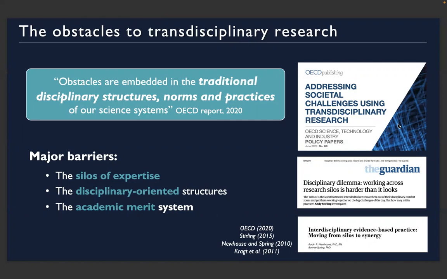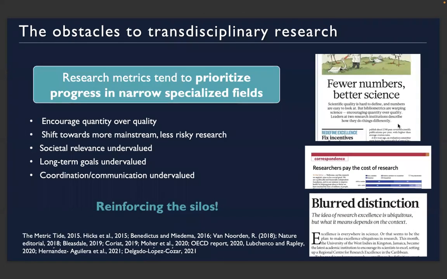And why? Well, there is also a lot of literature saying that the way research is assessed at the moment, the way the research metrics are designed, they tend to prioritize progress in narrow specialized fields. Why? Because we are only assessed in terms of quantity of publications, and this encourages quantity over quality.